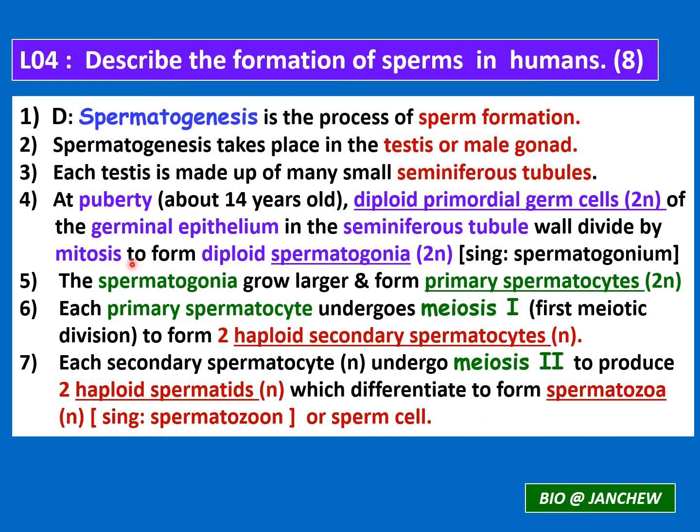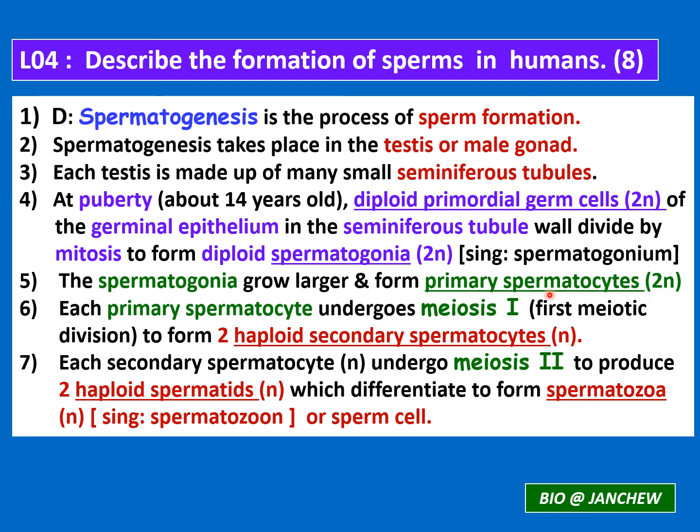Okay, and these primordial germ cells will form diploid spermatogonia, or the singular form is called spermatogonium. Then the spermatogonia will grow larger and finally form the primary spermatocytes, which are still diploid.